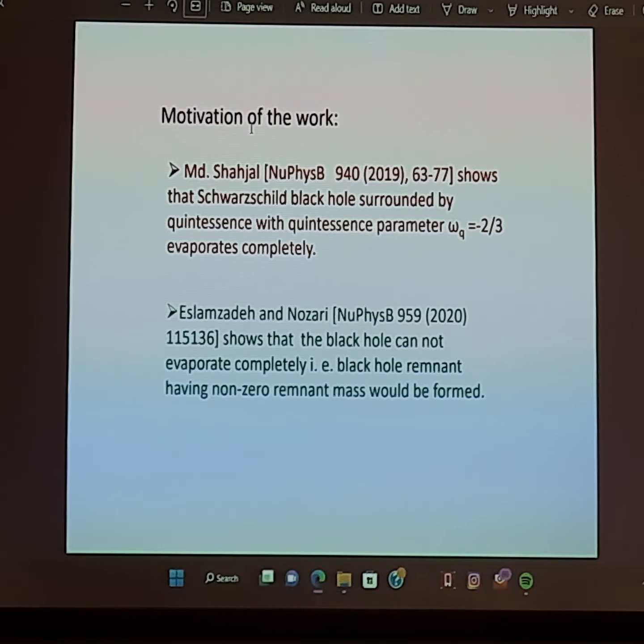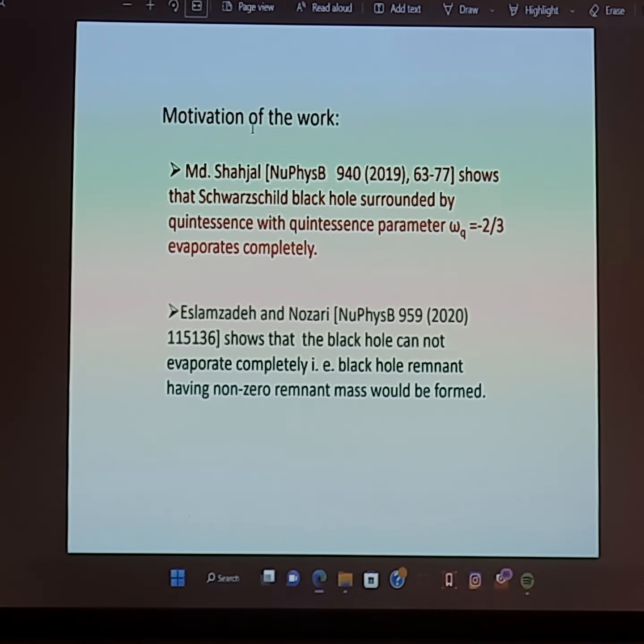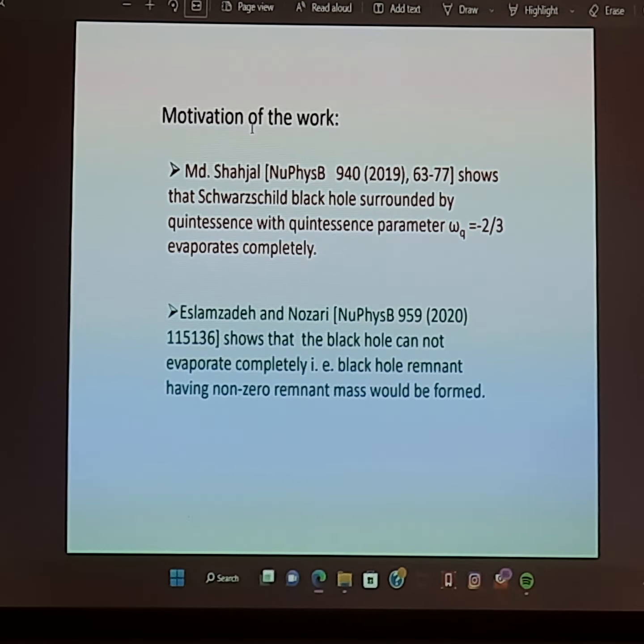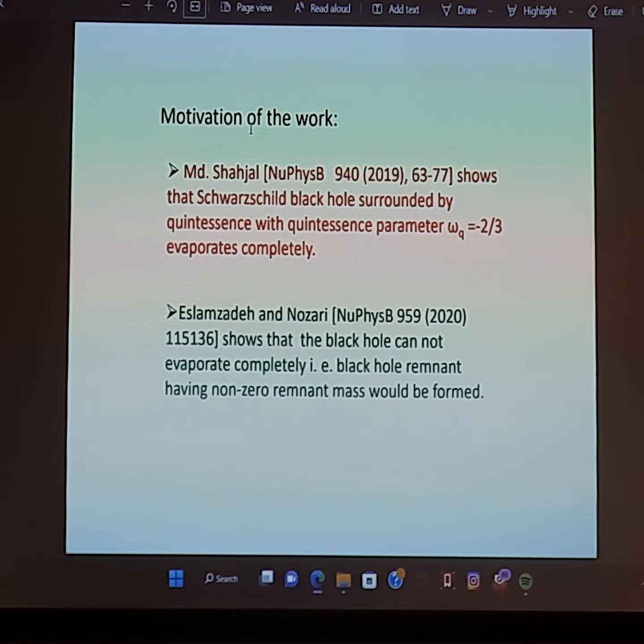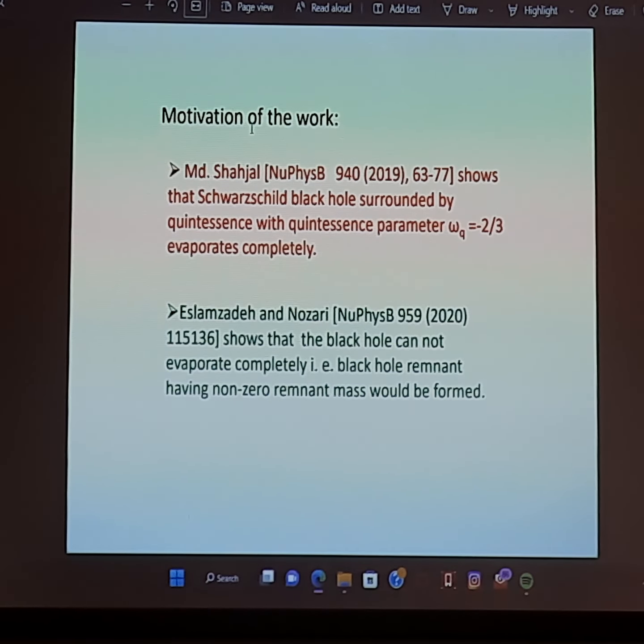The first one is by M.D. Sehzal, which shows that the Schwarzschild black hole surrounded by quintessence with the quintessence parameter omega_q equal to minus 2/3 evaporates completely. Whereas in another paper, Islamzadeh and Nozari, in Nuclear Physics B, showed that the black hole cannot evaporate completely, so a black hole remnant with non-zero mass would be formed.